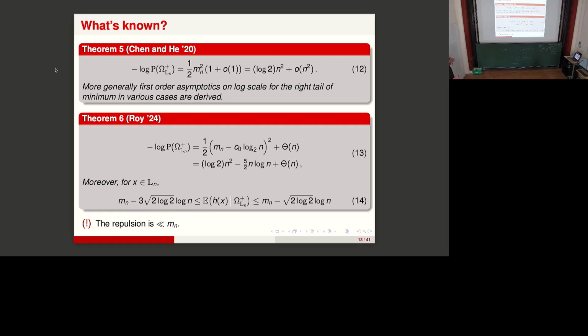As I mentioned, we're actually more interested in what happens when you condition on this event. In this case, Roy in 2024 improved that asymptotics by giving an additional term, and more importantly for us, showed that on the tree, if you condition the leaves to be positive, as in the plane, the field lifts to the height of the minimum or the maximum, but slightly smaller by this quantity with the non-matching constants.